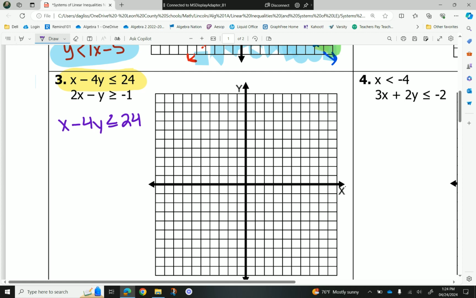Is y by itself? No, I have an x and a negative 4 in my way. What do we always move first? The x. How am I moving this x? We are going to subtract it. So we have negative 4y less than or equal, I have negative x and we have positive 24.